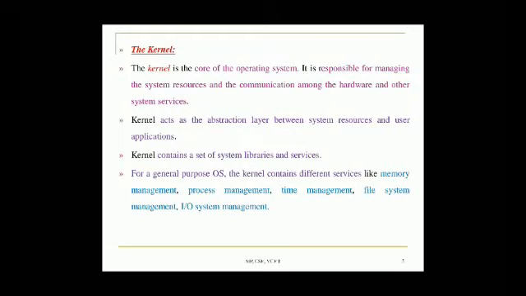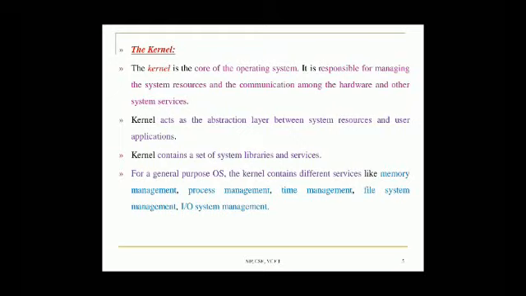At that point of time, the same resources might be required to be shared among these two tasks. Then the kernel has its own role to play with respect to allocating the system resources along with the hardware for the system services. So the kernel basically acts as an abstract layer between system resources and a user application.